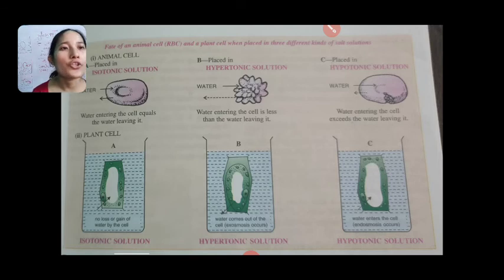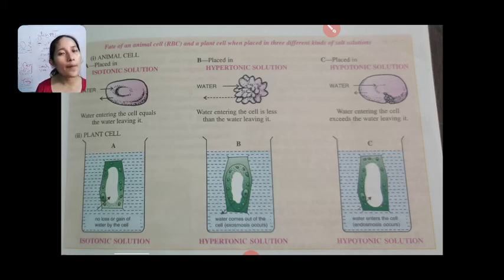So next one is your hypotonic solution. Now hypotonic solution, hypo means low. So here in this solution the amount of solute is less as compared to the solvent. So the amount of solute is less and the amount of solvent is more as compared to your cell, okay.